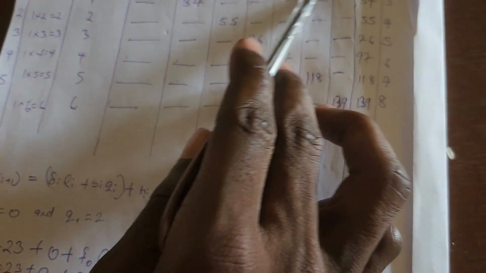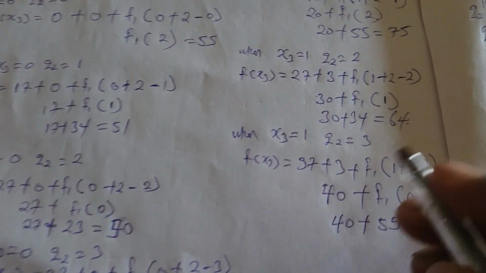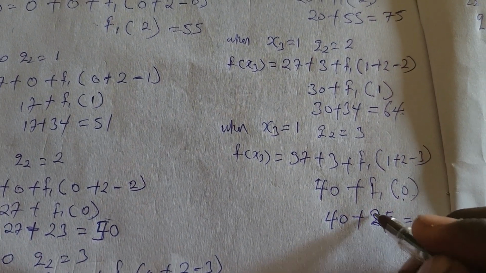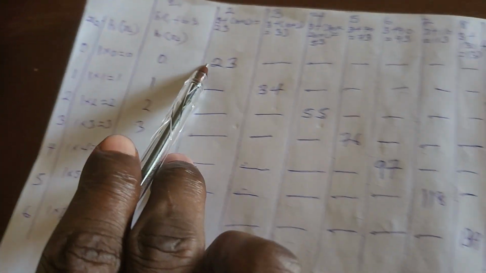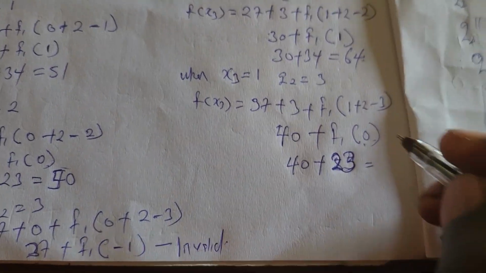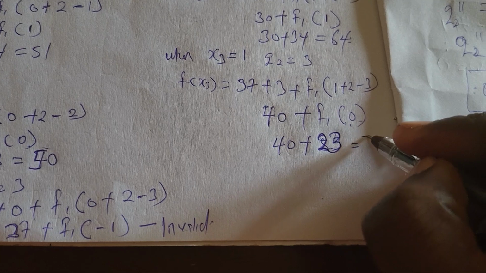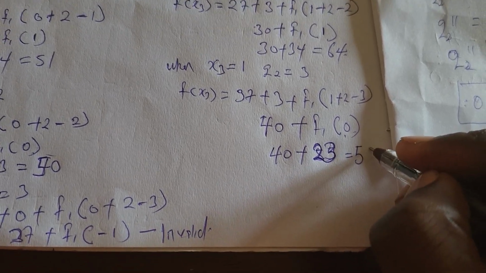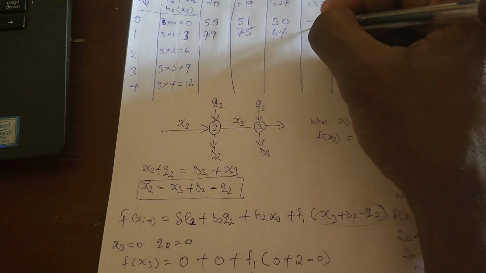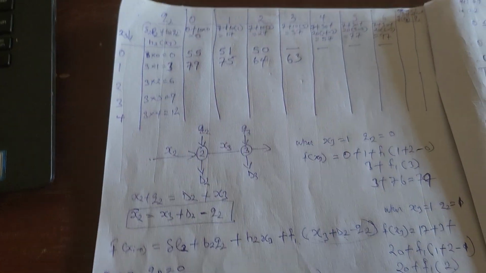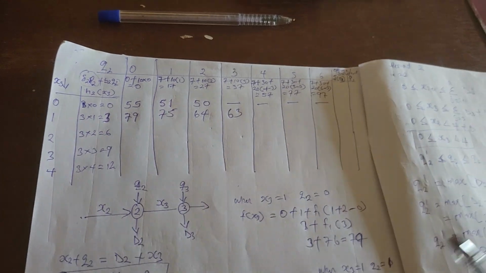When X2 is equal to 0 is 23, not 34. So 23 plus 40, that's 63. That's 63.